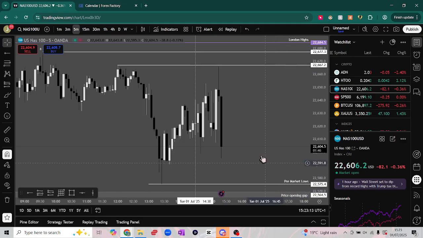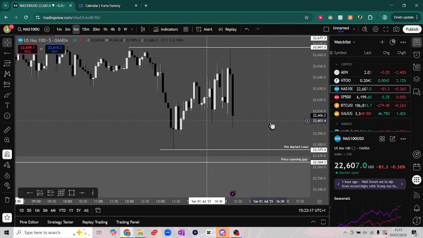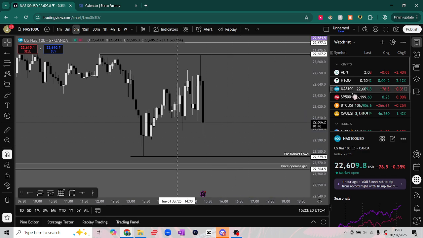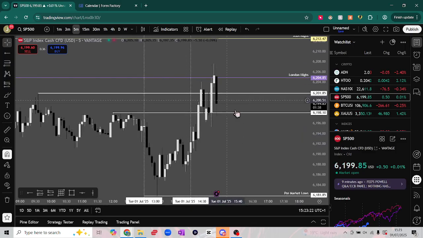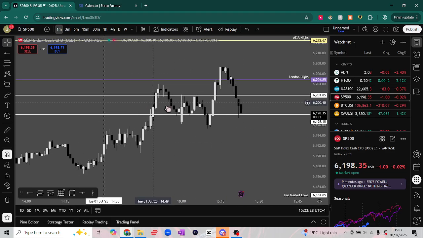So we're seeing some pullback now, which is great, but it's nothing I'm going to trade right now. I mean, we took out London highs, like I said. You might have seen I did a little live test on this inverse fair value gap. Retested it, waiting until a stronger push out of it.